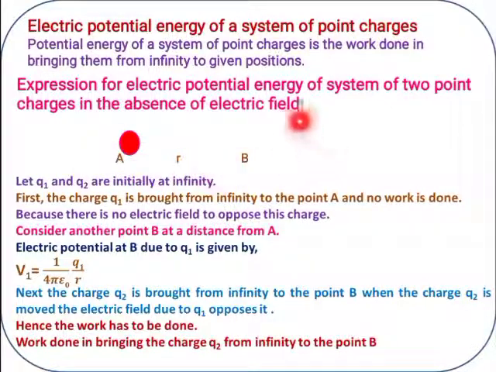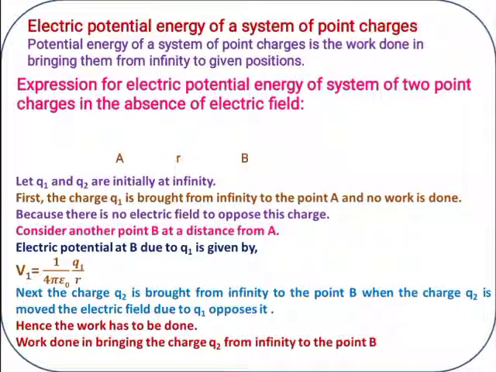So in the empty space, if I fix this charge, now there is an electric field. Earlier, before shifting that charge, there was no electric field. This is open space. There is no electric field. When I fix the charge at this point, now the area is surrounded by the electric field, because of this charge.